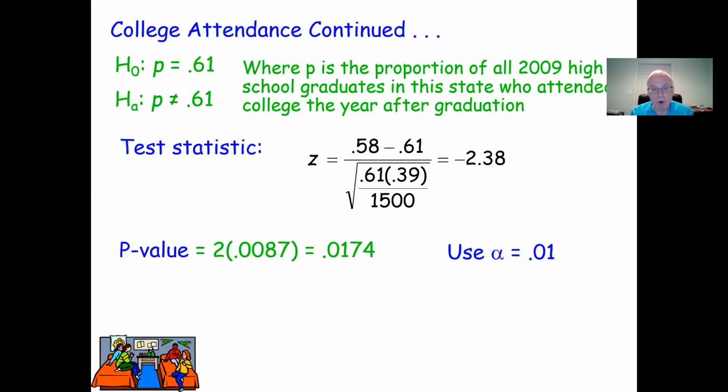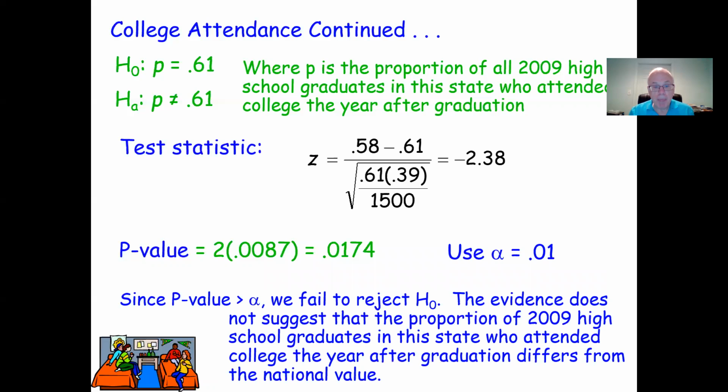Now, since alpha is 0.01, 0.0174 is larger than alpha's 0.01. And so our decision is not to reject the null hypothesis because the p-value is actually larger than our acceptable type 1 error. So we fail to reject the null hypothesis. All right?